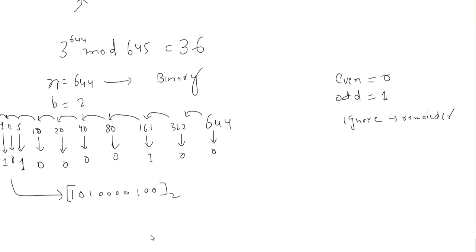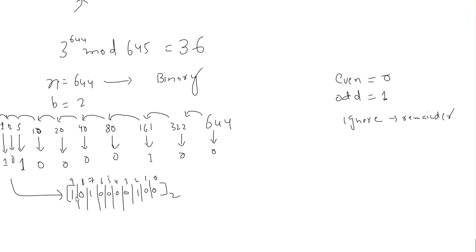Now the other thing that we have to do is, since we have to represent n with powers of 2, we look at the power associated with each digit in this string. So this will have a power of 0 associated with it, this will have a power of 1, this will have a power of 2, this will have a power of 3, and then 4, 5, 6, 7, 8, and 9.